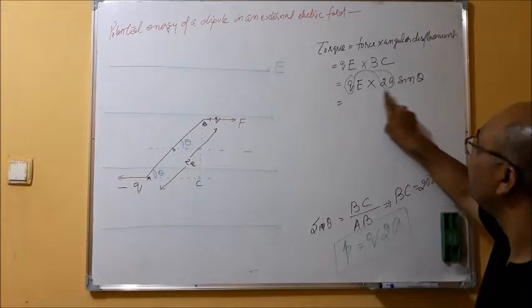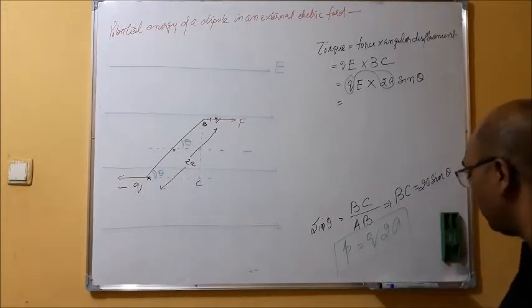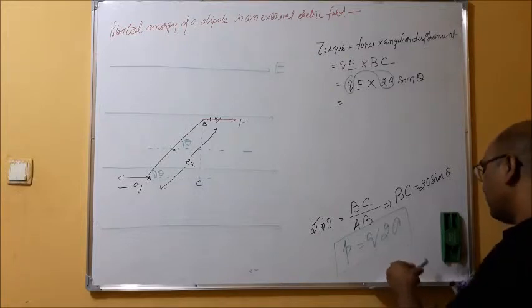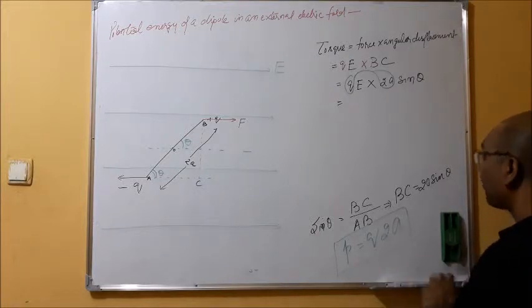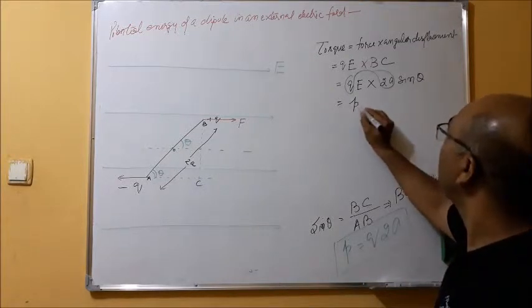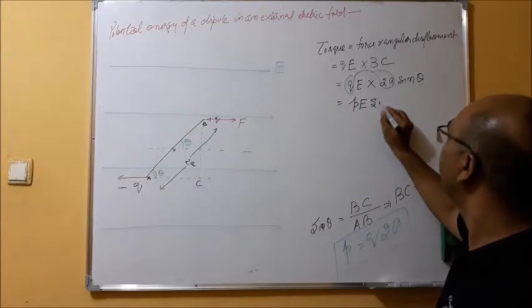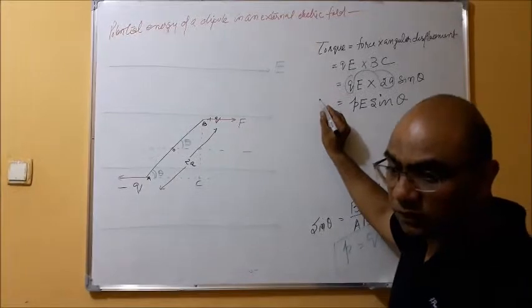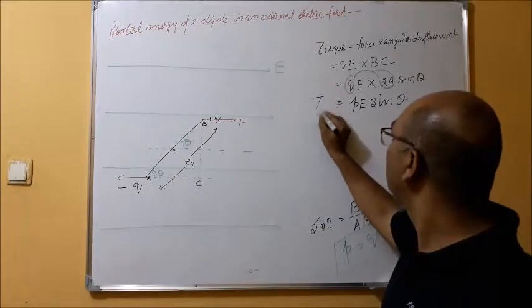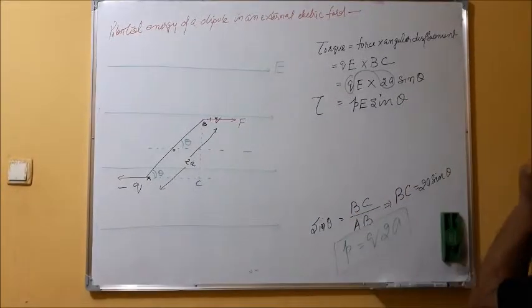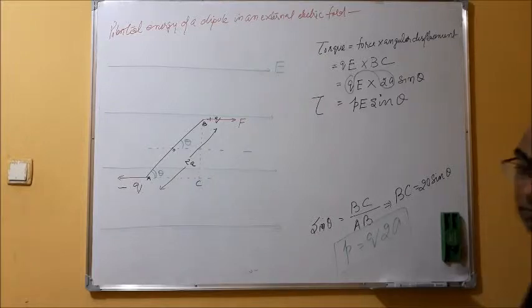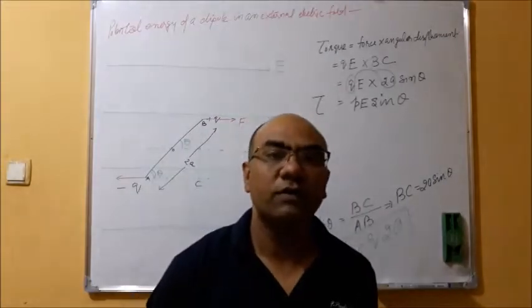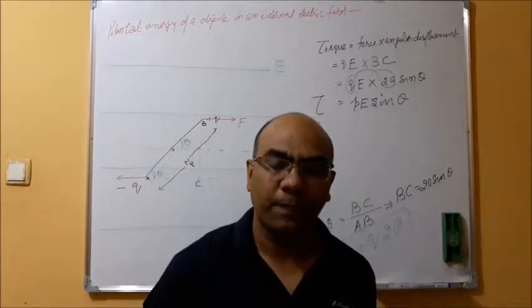So q into 2a can be written as P. If I write like this, I will get P E sine theta. So this would be the value of torque.